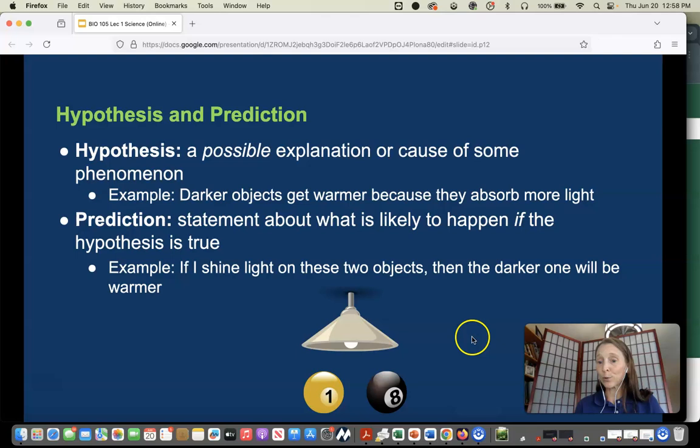So, for example, if your hypothesis is true and you shine a light on these two objects to see if your hypothesis is true, then your prediction would be that the darker one will be warmer than the yellow ball, which is lighter, okay? So that's the difference between a hypothesis and a prediction. A prediction is really more of a statement about what's likely to happen in an experiment if your hypothesis is true.